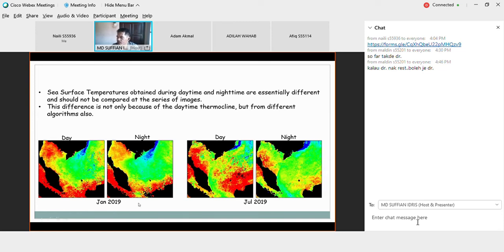So kalau kita tengok kat sini untuk bulan Januari, walaupun dia tak berapa banyak sangat, tapi kalau tengok kat kawasan yang lebih terlindung, especially in the Gulf of Thailand, so there is a big difference of sea surface temperature during day and night.